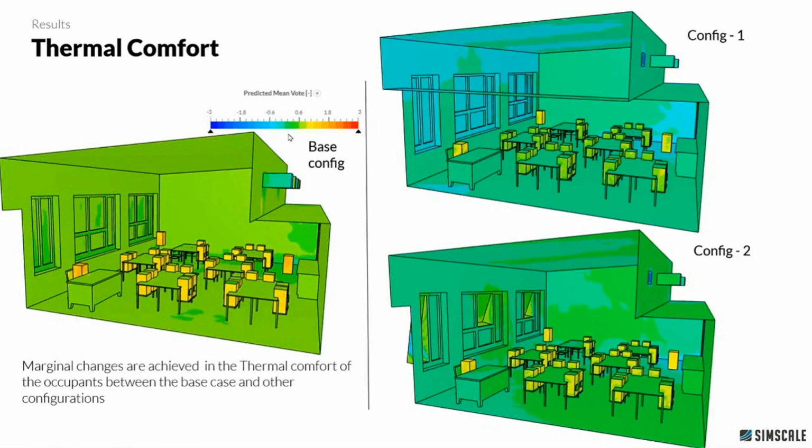So here we can see a marginal change in the thermal comfort, but on the good side. I mean, the thermal comfort has been increased when we have changed the inlet velocity of the HVAC system, and also by opening the windows during the summertime. This will help keep the occupants thermally comfortable.